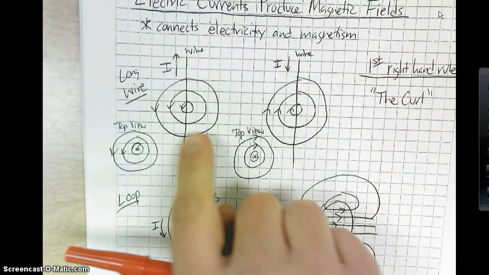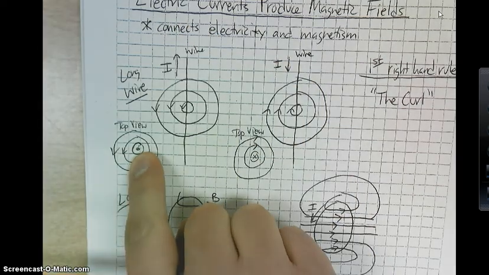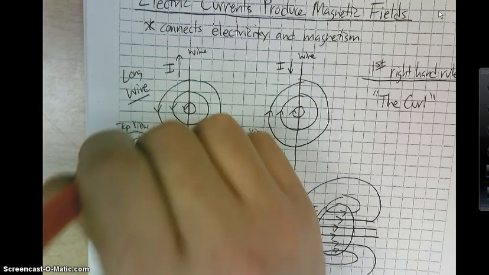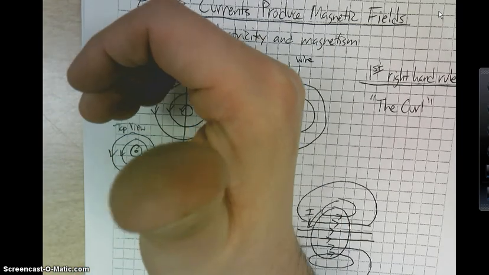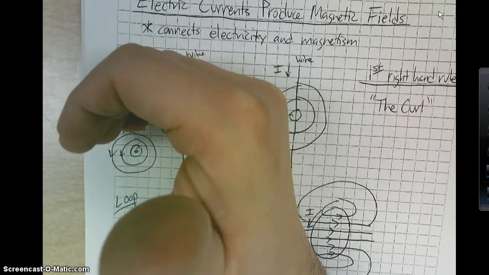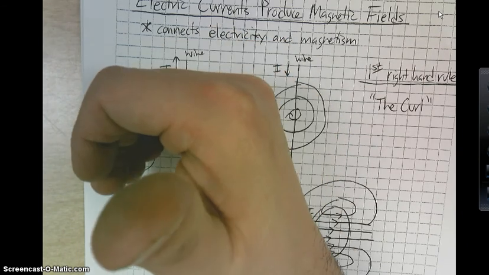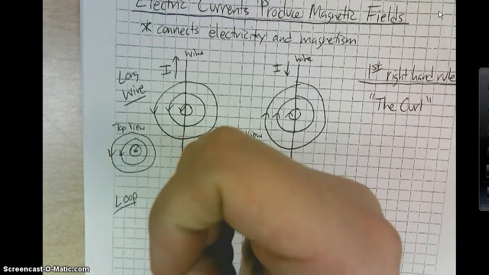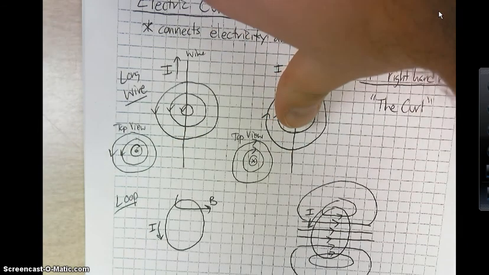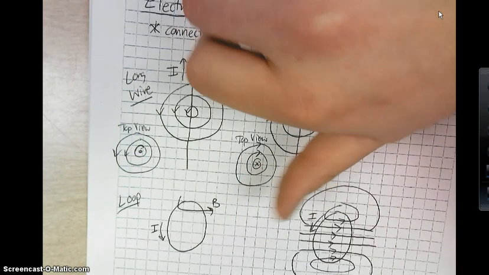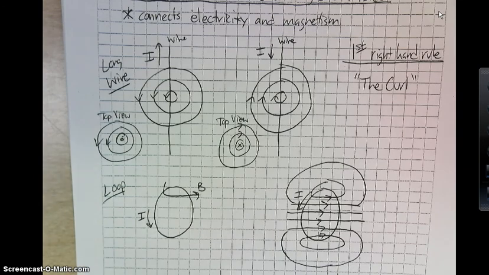This is the symbol for something coming out of the page. If the current was coming up this way, my thumb is the wire itself, and my fingers would curl in that direction. That's the right-hand rule. If the current was going down, then the curl is the opposite way.